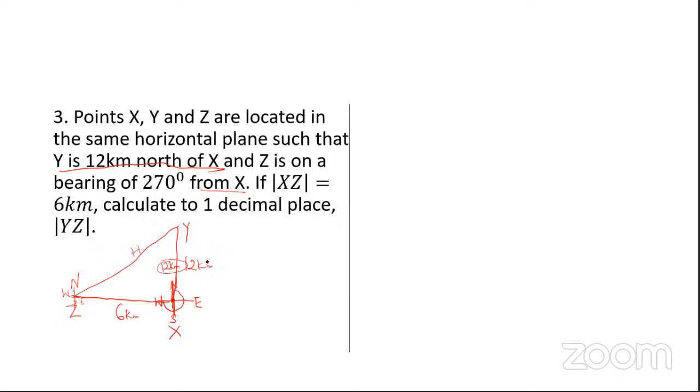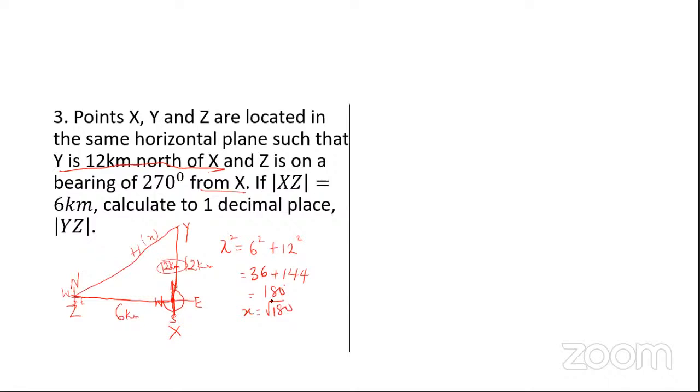The hypotenuse is opposite to angle X, so that's small x. We say x squared equals the sum of the squares of the two other sides: 6 squared plus 12 squared. 6 squared is 36, plus 12 squared is 144. Adding them together gives 180. So x equals the square root of 180.